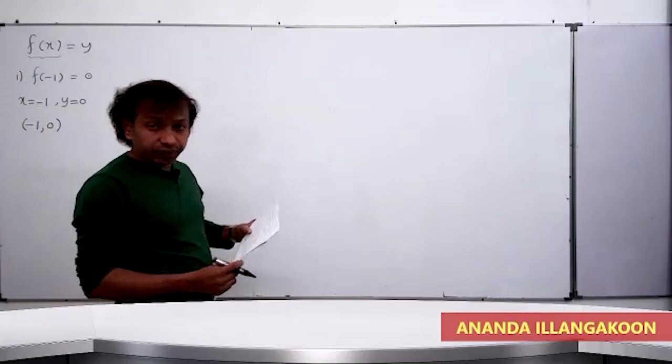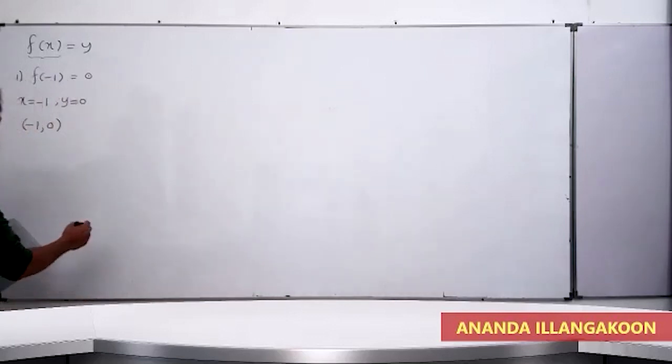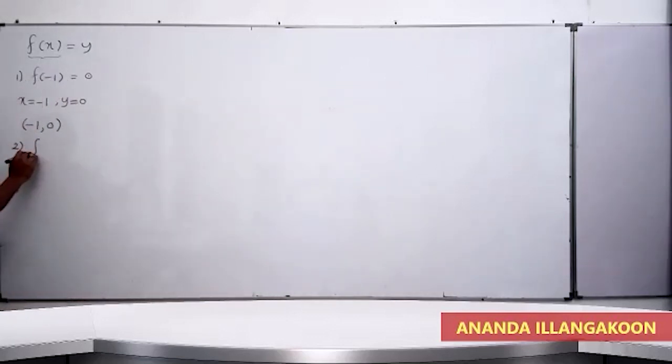f of 0 is 4, people. Second one. f of 0 is 4. What is this?